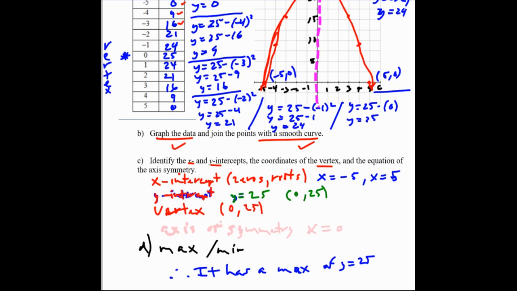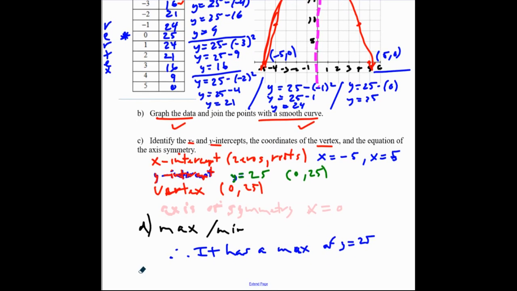What other things did we mention? It opens down.